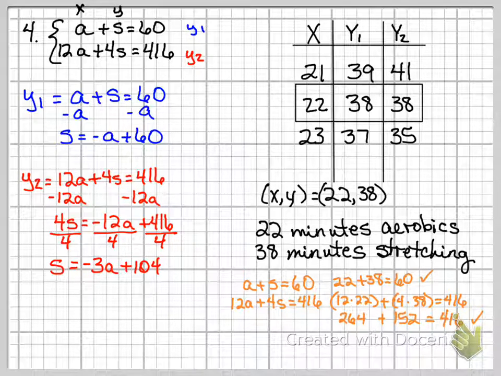All right, let's look at our next one. Number 5. Suppose 28 members of your class went on a rafting trip. Class members could either rent canoes for $16 each or rent kayaks for $19 each. The class spent a total of $469.